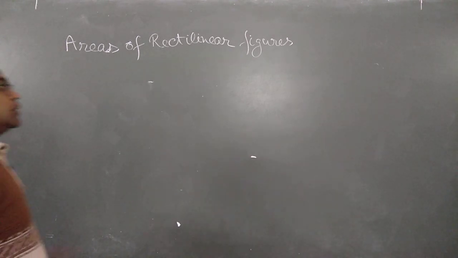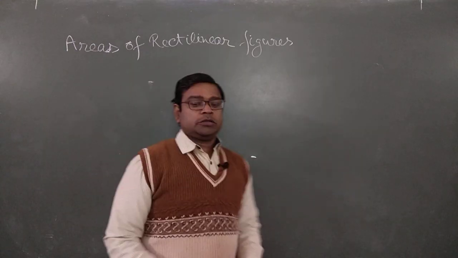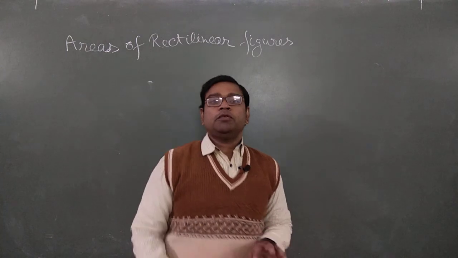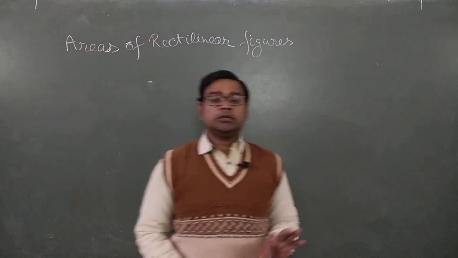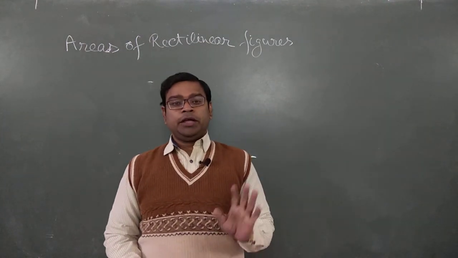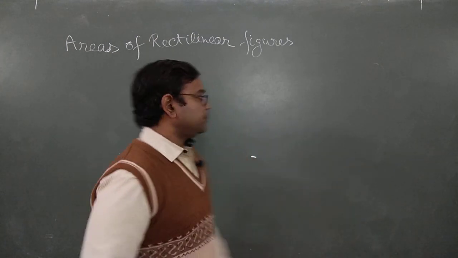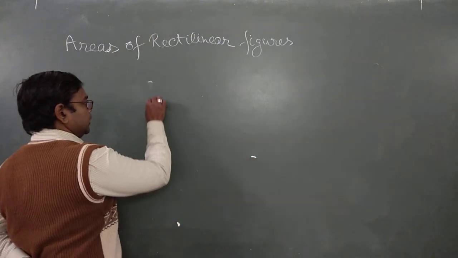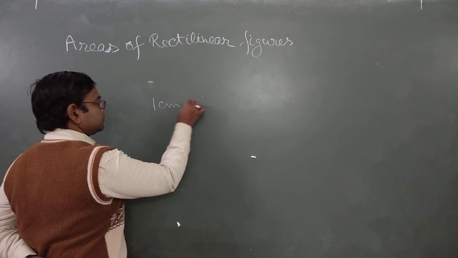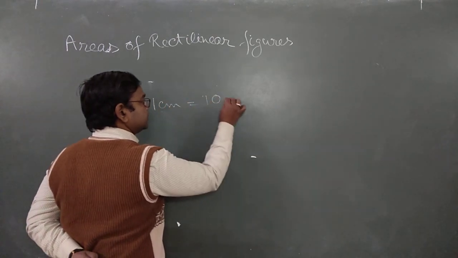Before we discuss this topic, all of you must learn the standard units of area and their interconversion given in every book. For example, we know that in 1 centimeter we have 10 millimeters.